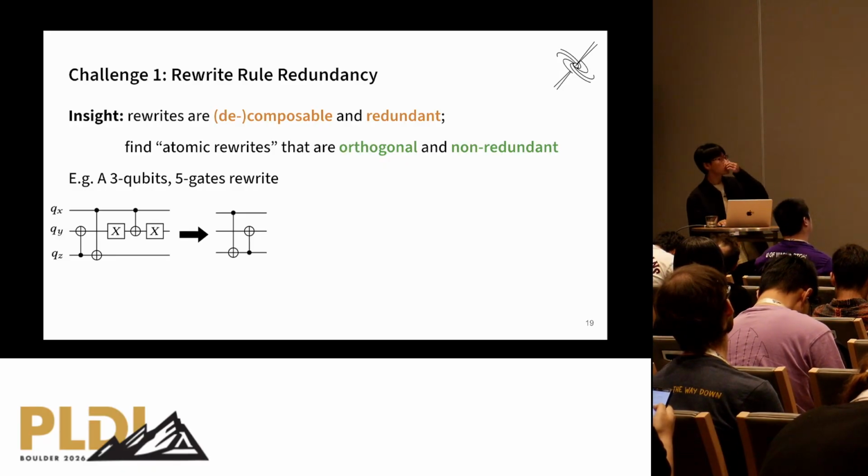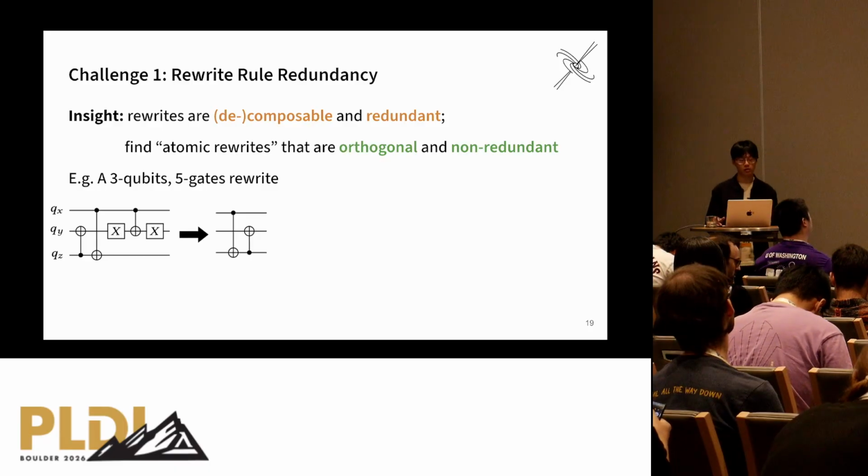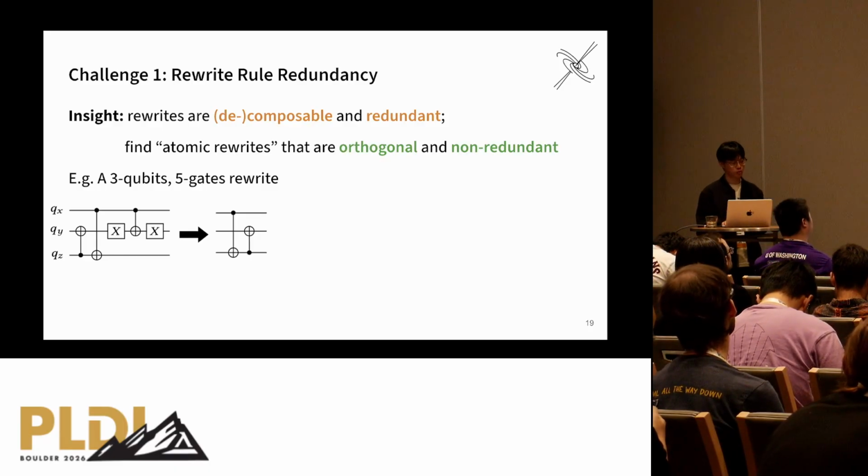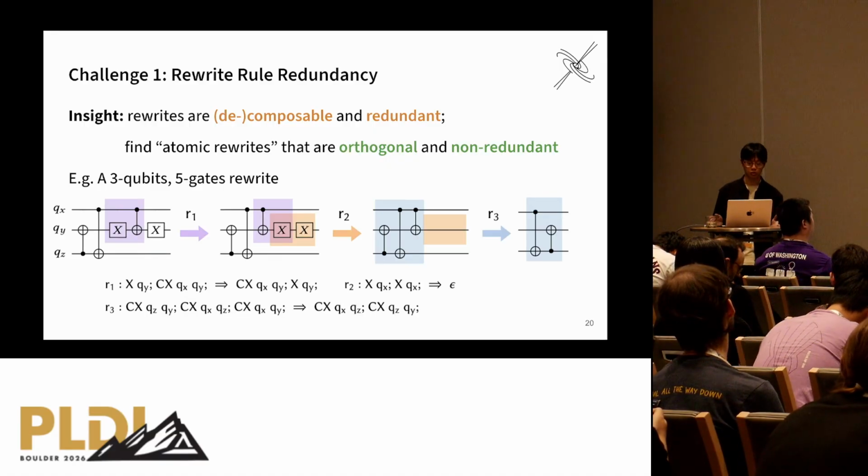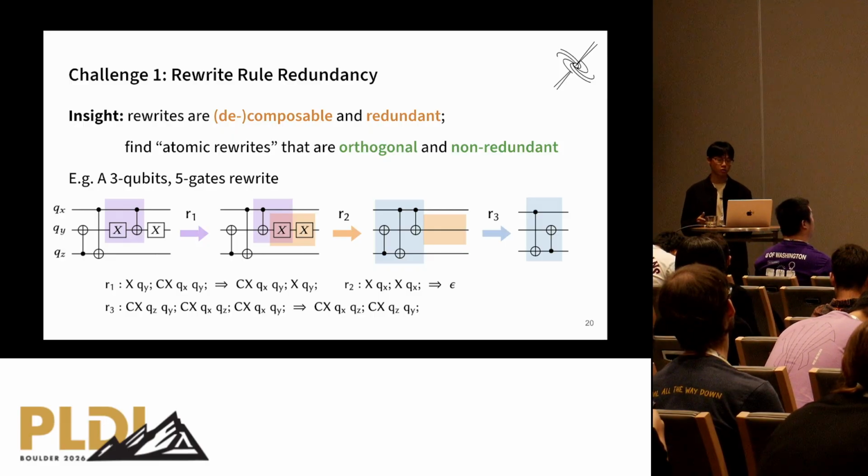For example, this is a 3-qubit, 5-gate rewrite, and we can reduce its gates from 5 to 2. Actually, it can be decomposed into 3 distinct and smaller atomic rewrites that are composable and include a smaller number of gates and qubits.